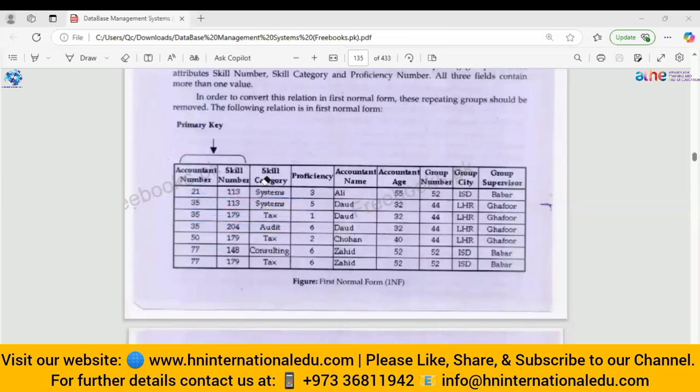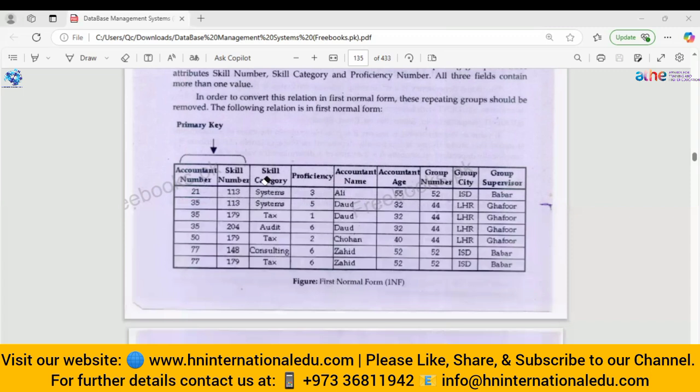So what is our second goal? Our second goal in the first normal form is to assign a primary key to that specific table. I told you what a primary key is. A primary key is the unique attribute that uniquely identifies the complete row in the table.